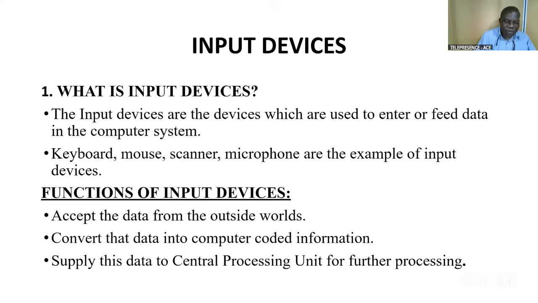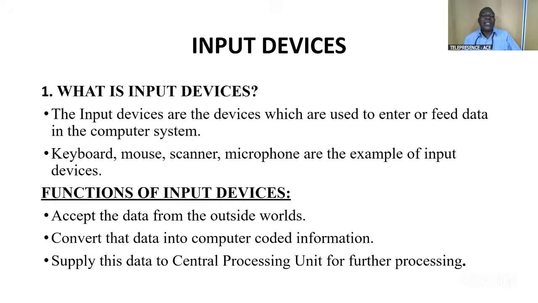It converts that data into computer coded information. Then the input device converts that data to what the system can make use of, and supplies this data to the central processing unit for further processing.